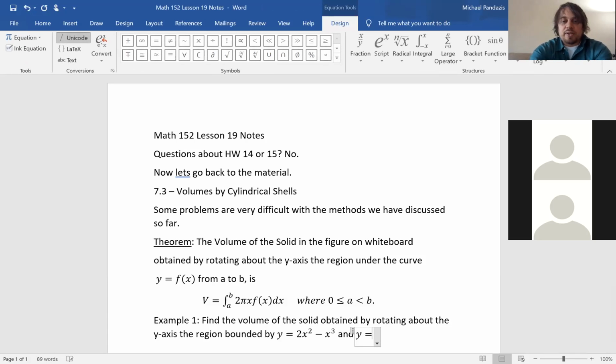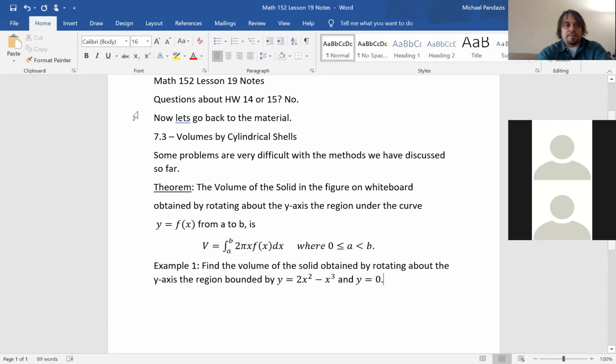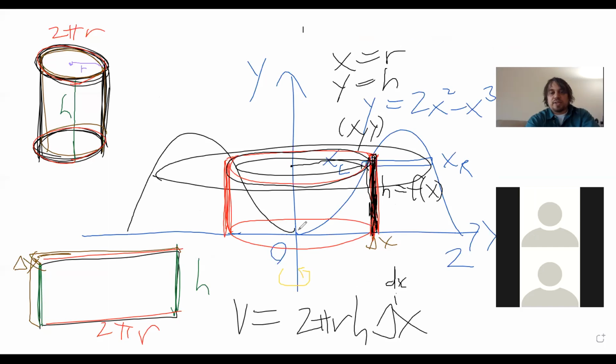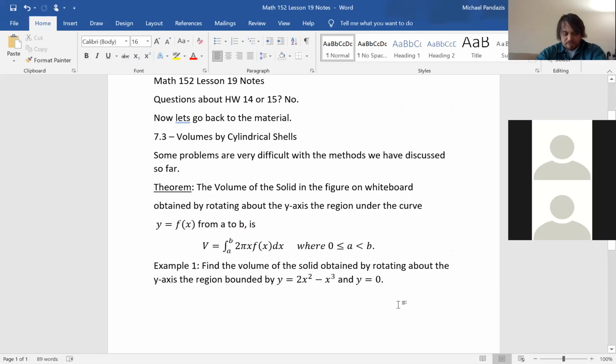So now let's find that volume that the picture illustrated. To remind you one more time, this is our region, here in blue, above the x-axis, and you rotate it around the y-axis and you get this thing. This is a picture of an approximating cylinder, but we're actually taking sums of them, and then the limit of those sums, which is a definite integral, will give us the answer.